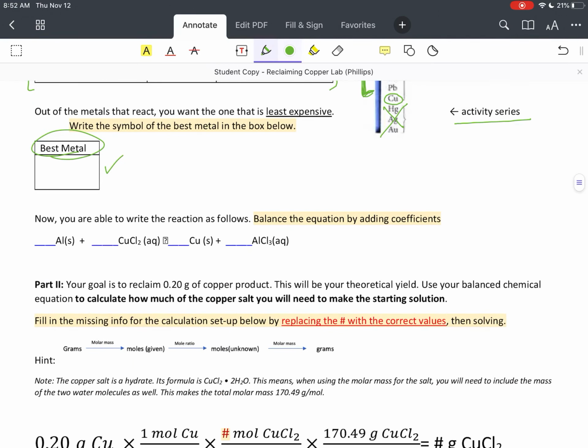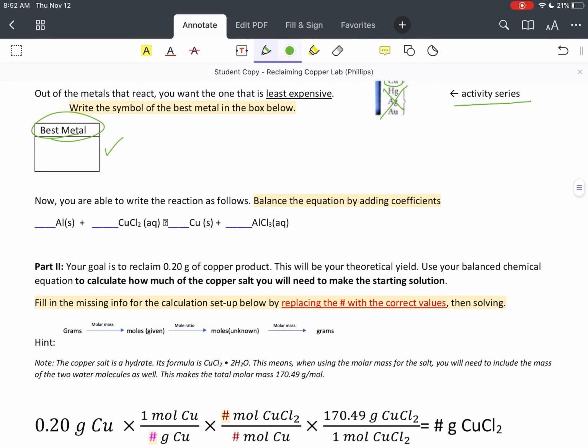So now that we have chosen our metal, we're able to write our reaction. So we should have chosen aluminum because it's high. It will react with copper. It's higher up on the scale, and it's also the least expensive. Now we can write our chemical equation. So you can see in this reaction, and this should be a little arrow here, it didn't transfer over well.